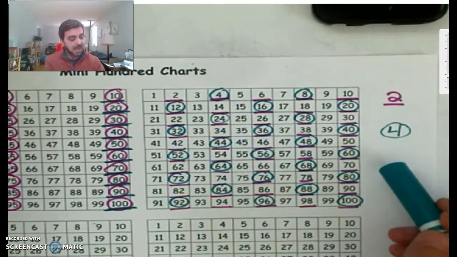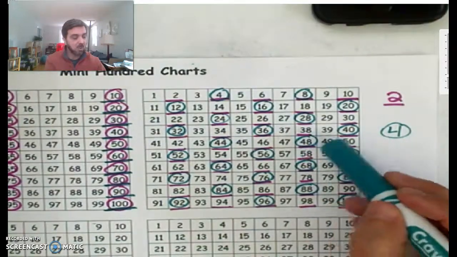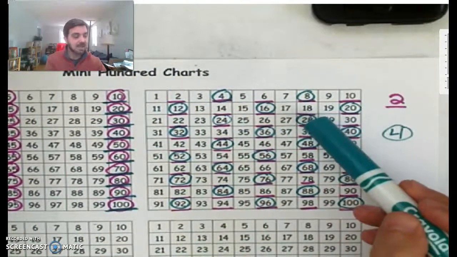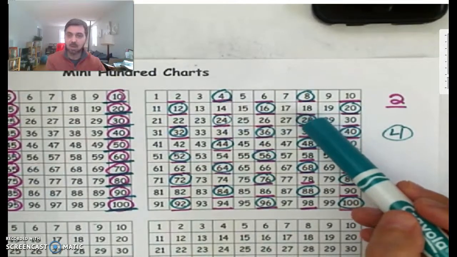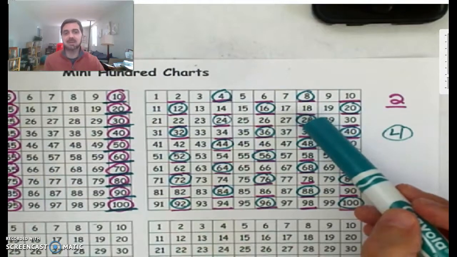But another way of saying this is if I pick one of these numbers, let's take 28, okay? If I say it's a multiple of 4, I'm also saying it's divisible by 4, which means not only that it's a multiple because 4 times 7 is 28, it's also divisible by 4 because 28 divided by 4 gives you a whole number, which is 7.